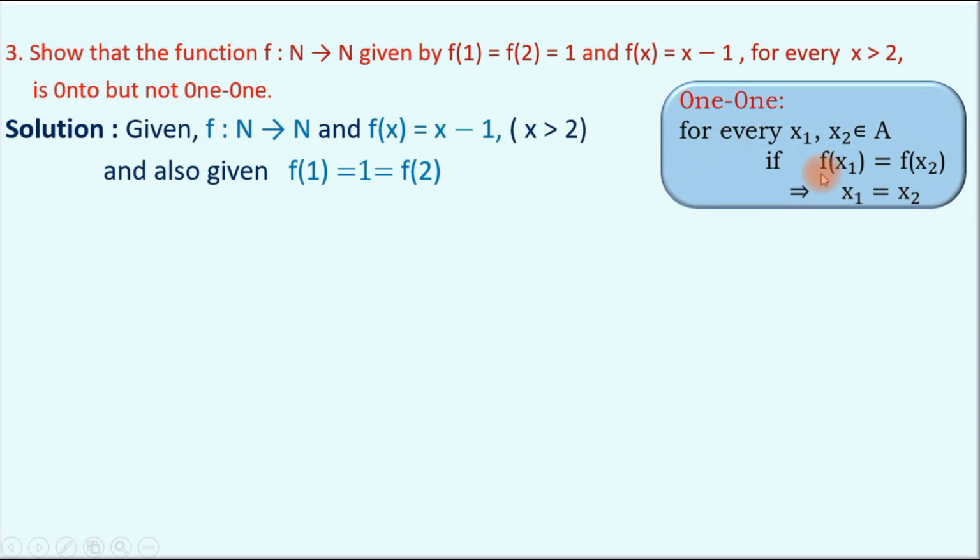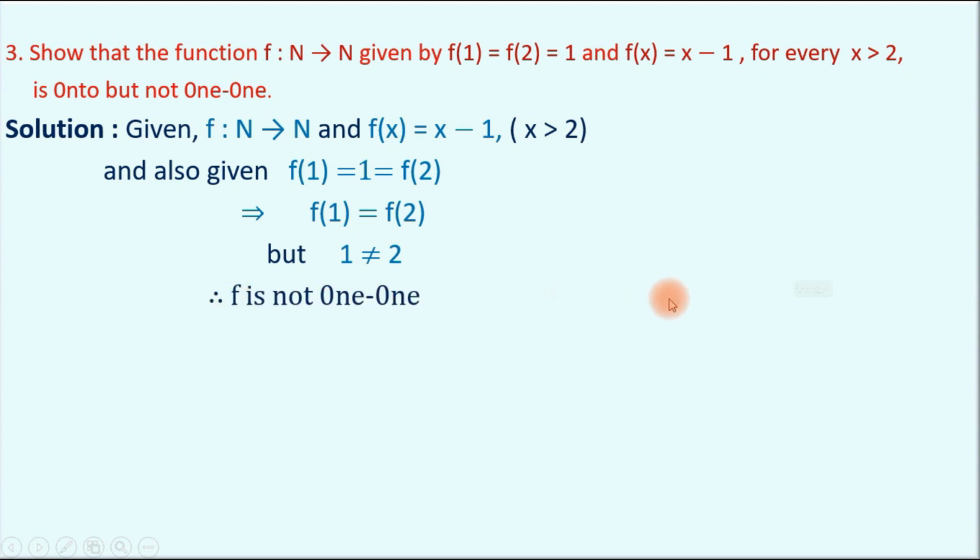If the function is not 1-1, that means f of x1 equals f of x2, but x1 is not equal to x2. Here, f of 1 equals 1, f of 2 is also equal to 1. That means f of 1 is equal to f of 2. It is of the form f of x1 equals f of x2, but 1 is not equal to 2. Hence, this function is not a 1-1 function.